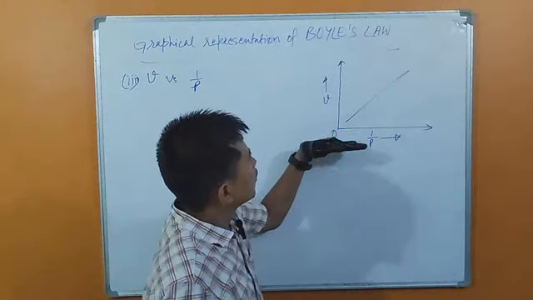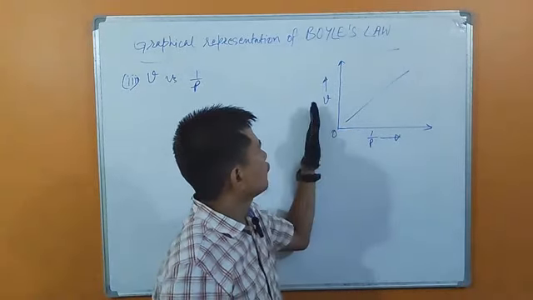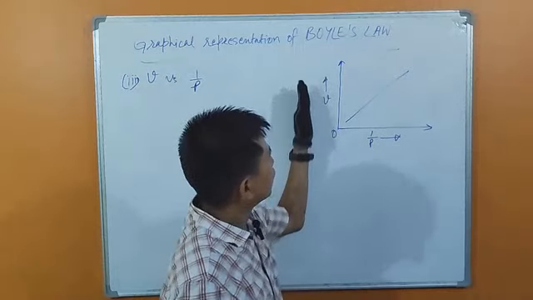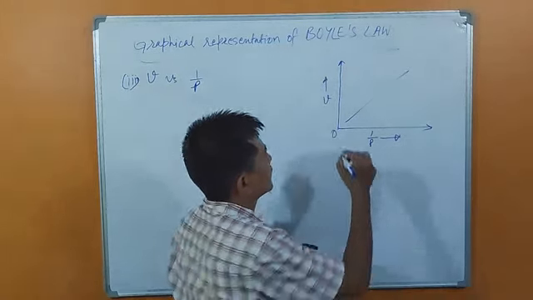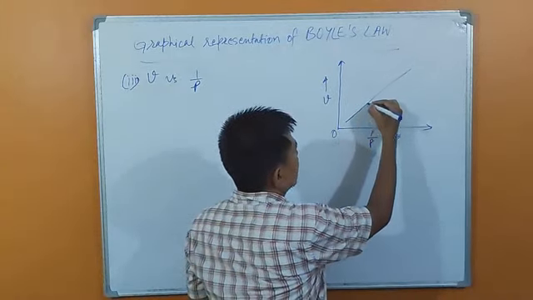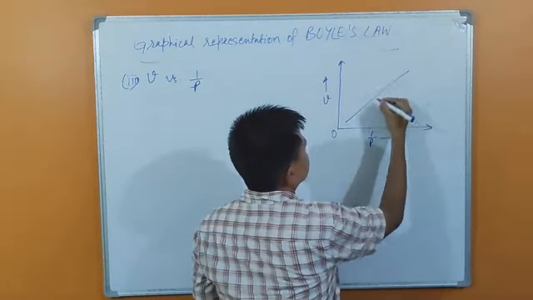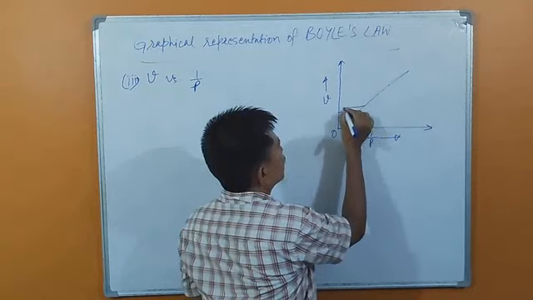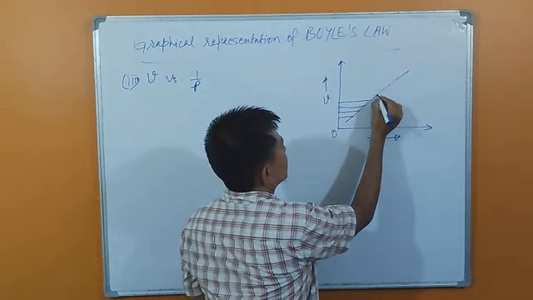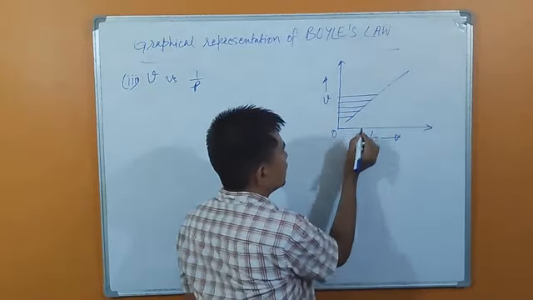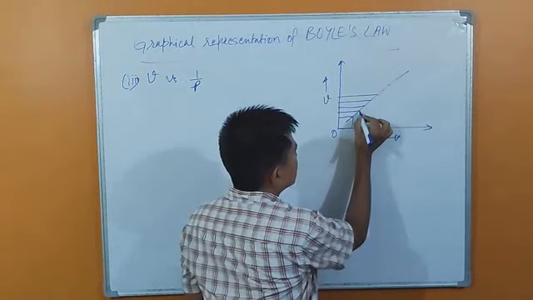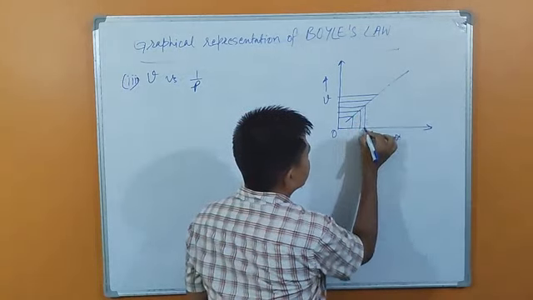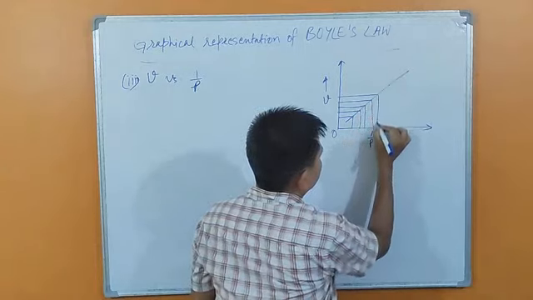If you increase V, 1 upon P also increases. If you increase the volume, if you move upward, the volume will increase. See, here it was 1, here it became 2, here it became 3, here it became 4, here it became 5. Similarly, 1 upon P also 1, 2, 3, 4, 5.